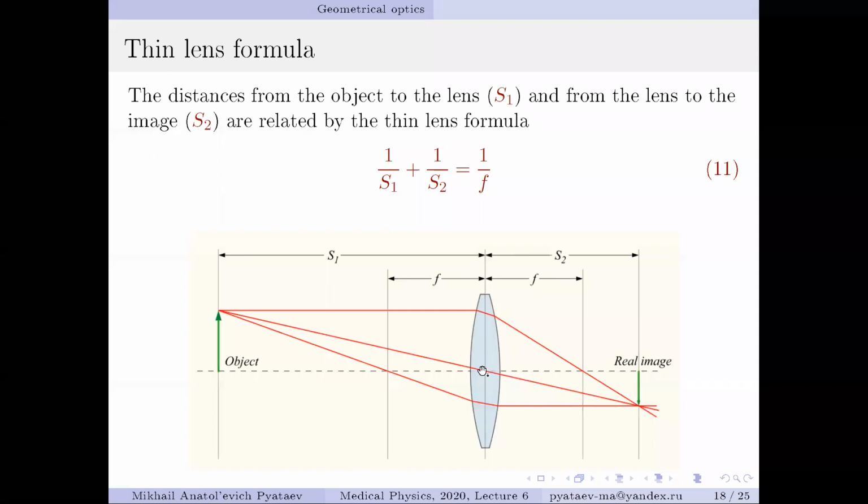So if the focal distance is much larger than the width of the lens in its thickest part, then we can call this lens a thin one. And for this lens the following equation can be written, where S1 is the distance from object to lens, S2 is the distance from image to lens, and f is the focal distance.